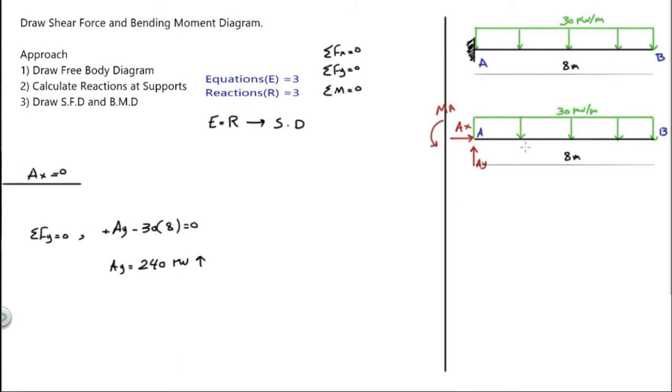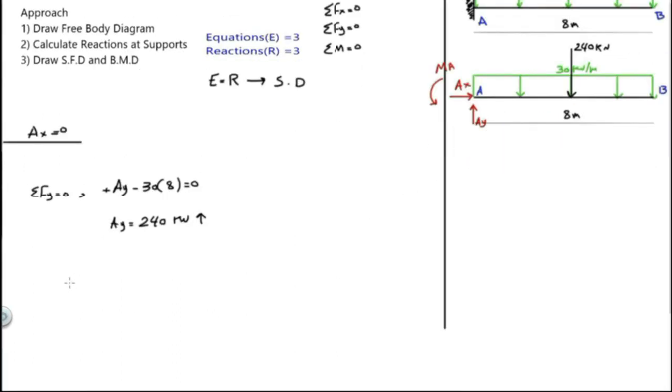Note that when you multiply the 30 by 8, you will have a concentrated load applied in the middle, 240 kilonewton. Now let's calculate the moment about point A. I will take positive clockwise.